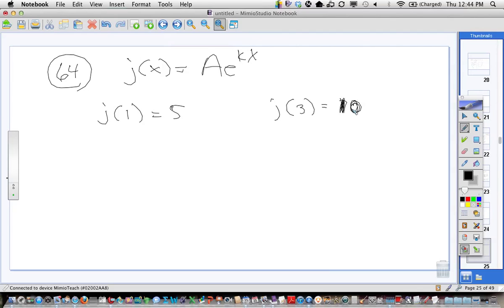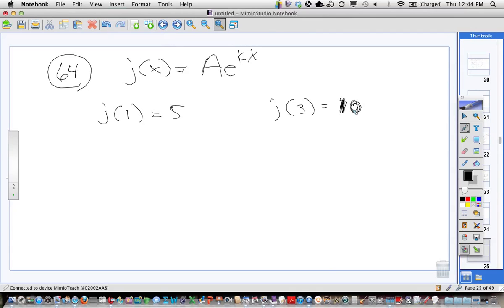Because we know it's going to follow an exponential pattern, we just take two pieces of information, because there are two unknowns that determine how fast it cools. One unknown is A, which is determined by our initial temperature. The value of K is determined by variables within the situation.